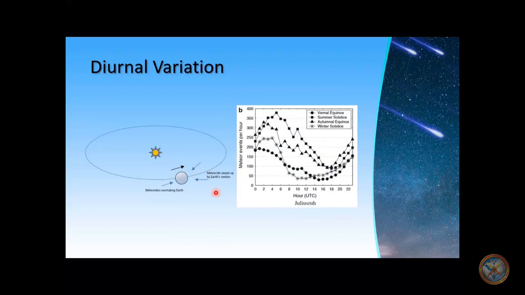In the morning, meteors are swept up by the Earth's rotation, whereas in the evening, on that side, meteors need to be faster than Earth to be hitting the ionosphere and cause a reflection.